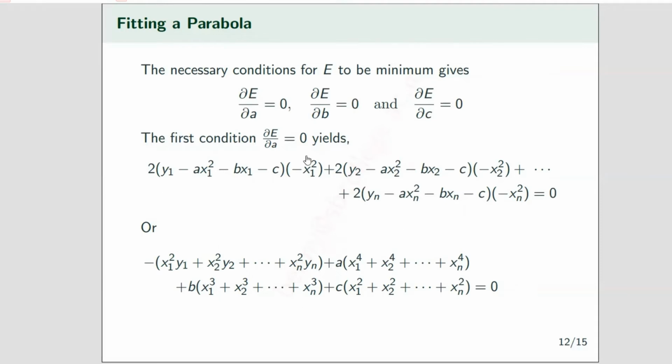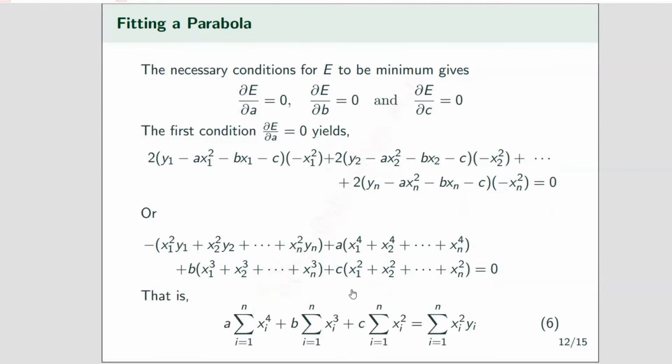So this is what we get by taking the partial derivative of the sum of the squares of the residuals with respect to a. Moving on, we can write this equation as a into the sum from i equal to 1 to n of xi raised to 4, plus b into the sum of xi cube, plus c into the sum of xi square, equal to the sum from i equal to 1 to n of xi square yi, which is the first term in the previous equation.